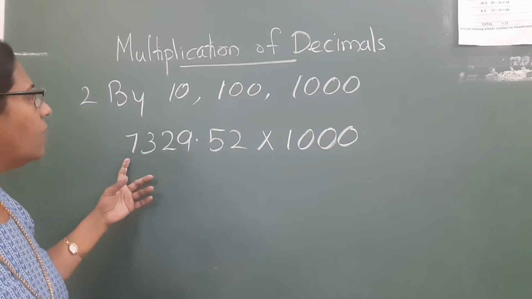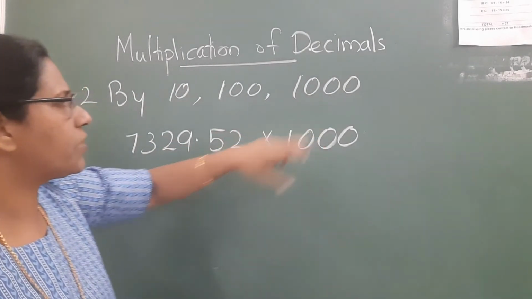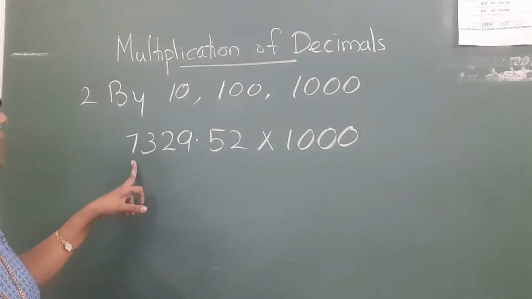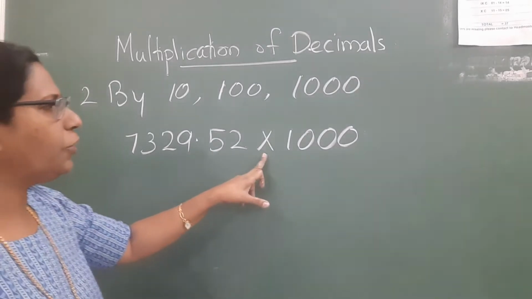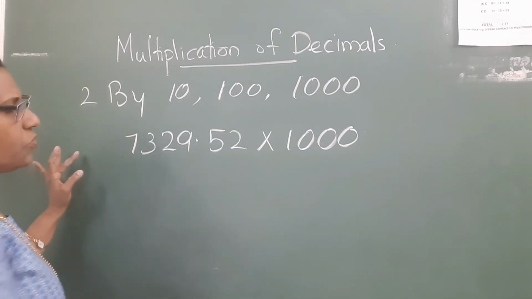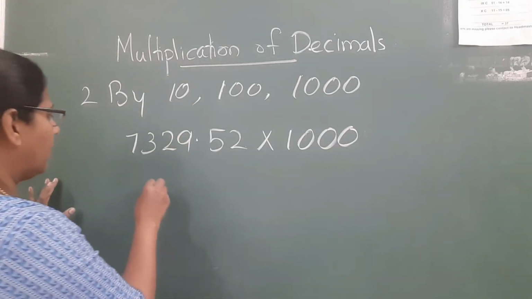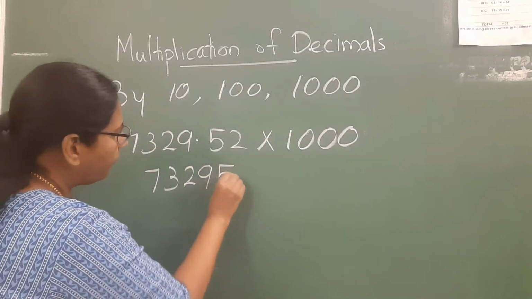One more example. Multiplication of decimal by 1000. Here the example I have taken is 7,329.52 into 1000. We write the number ignoring the decimal, 732,952.